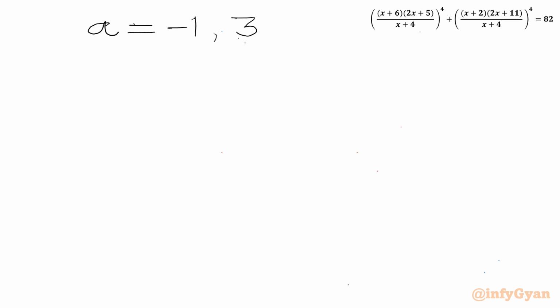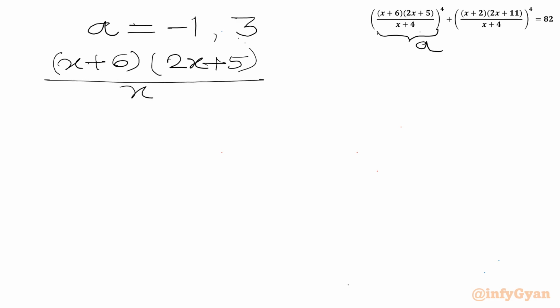Now A was our substitution. This bracket was A. So I need to write over here x plus 6 times 2x plus 5 over x plus 4 equal to negative 1, 3.